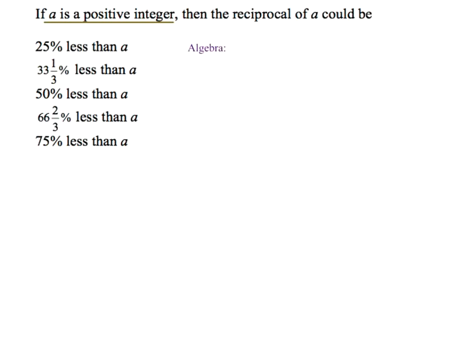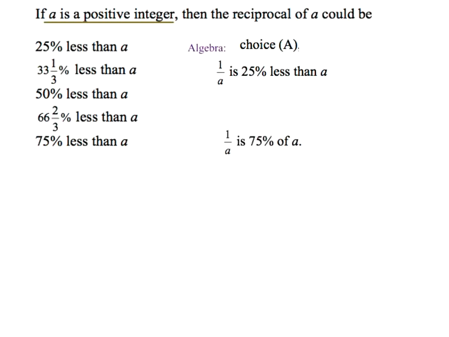So for instance, in choice A, and this requires you again to make these connections between and among fractions, decimals, and percents. So if you do choice A, this is just an example. There's no good reason to start with any choice over another. It says that 1 over a is 25% less than a.